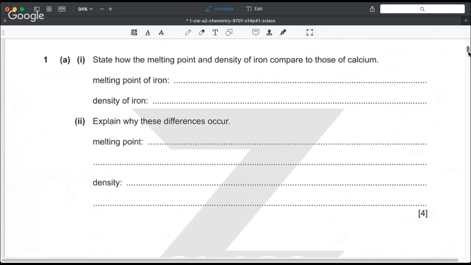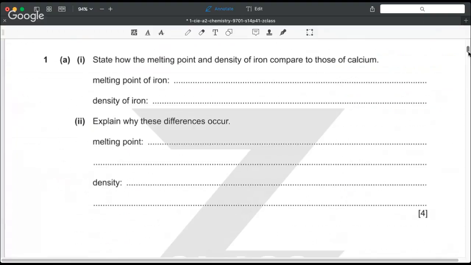And so the ionic radius of iron is smaller than that of calcium. And that means not only is it a smaller ionic radius, but there's a greater charge density in the nucleus. And the combination of that increase in charge in the nucleus and the smaller ionic radius gives you this greater positive charge density, which is more strongly attracted to the delocalized electrons. And that means that iron has a higher melting point than calcium.